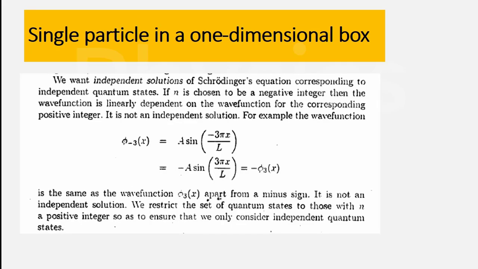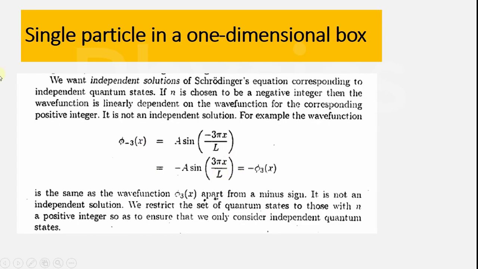If you did not understand about the negative sign, the answer is here. We want independent solutions of Schrodinger's equation corresponding to independent quantum states. If we are not taking independent solutions, then this is not possible. That's why we take a positive value, not a negative value. For example, if n is chosen to be a negative integer, then the wave function is linearly dependent on the wave function for the corresponding positive integer.